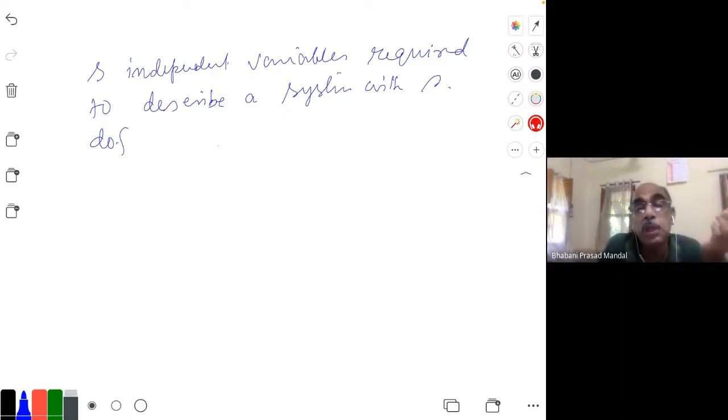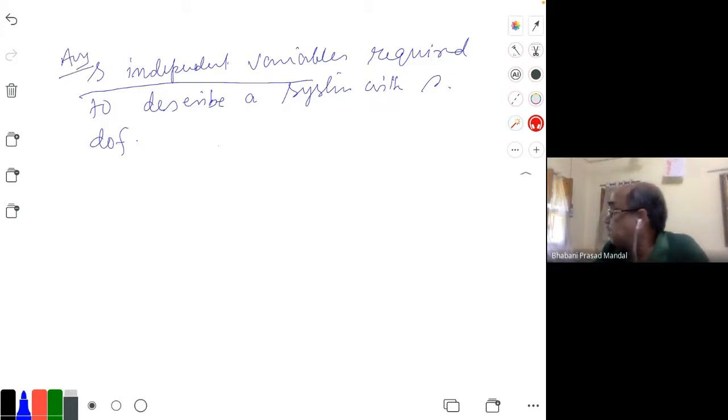They may not be simple coordinates. A coordinate generally has the dimension of length, but they can have any dimension, or even no dimension. So S independent variables, this is in my hand. I am assuming you have a system with S degrees of freedom, and whatever constraint is there is holonomic. In many ways you can define these S independent variables.